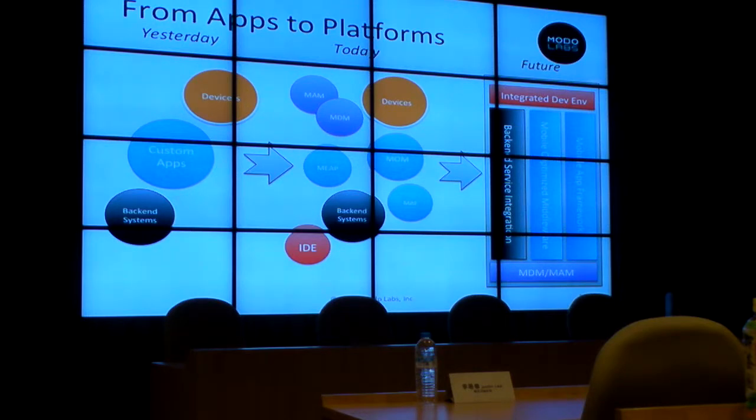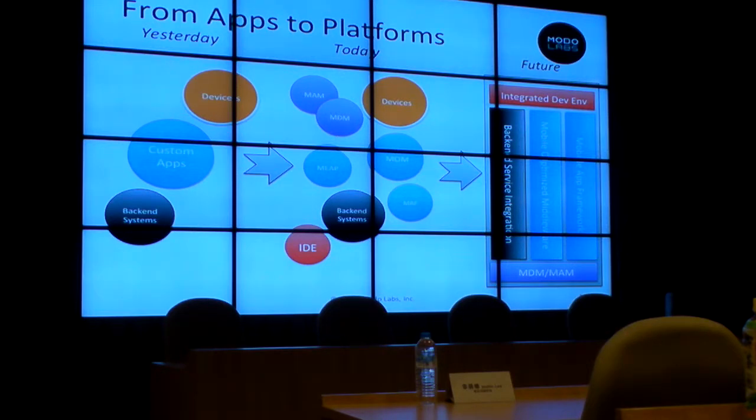And that's what the idea of having a platform for the university or for the enterprise is starting to formulate. So especially on the enterprise side, if you look at the bottom, there's a purple picture there, that's the MDM, mobile device management I mentioned earlier. Or there's MAM, mobile application management.